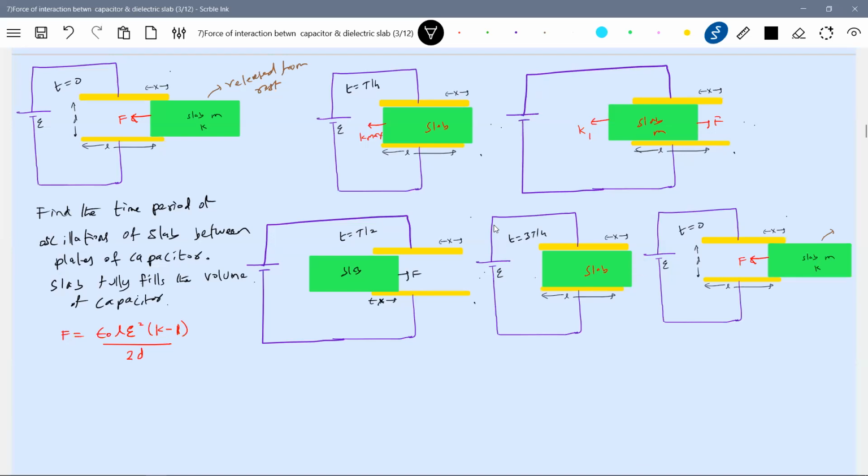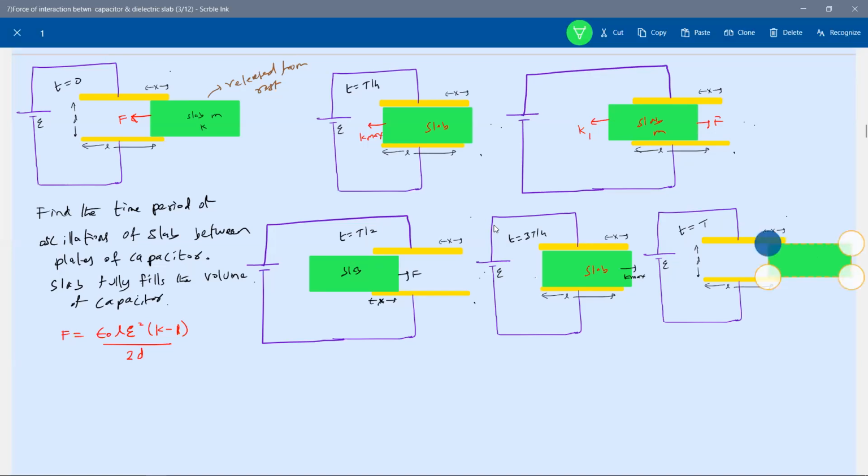Okay, there's a maximum kinetic energy, then instantaneous rest. This will become one time period. Then again, I had to show one more position where it will be like this and undergo retardation. So it will come to this position.